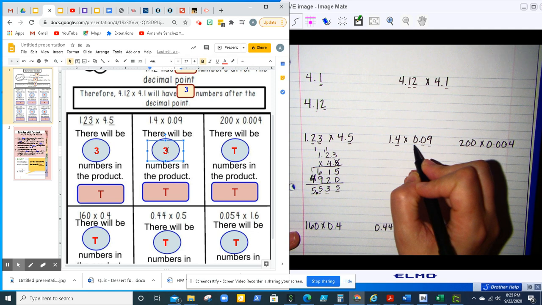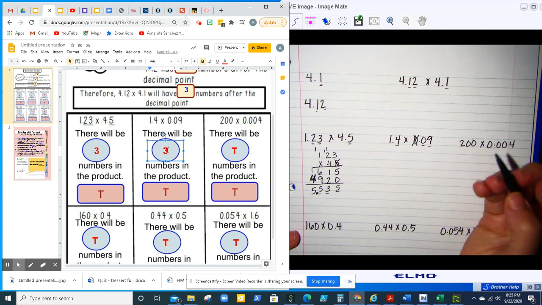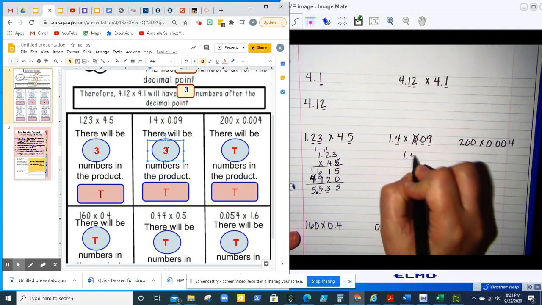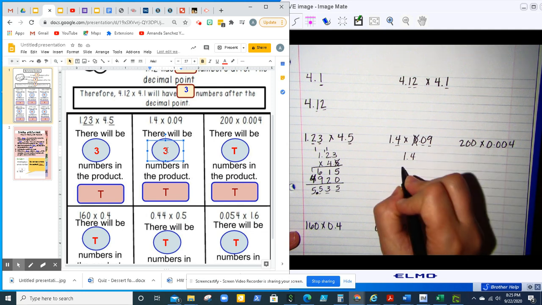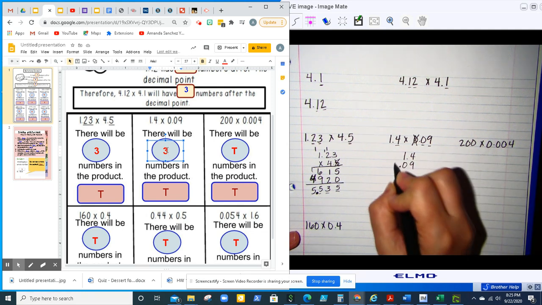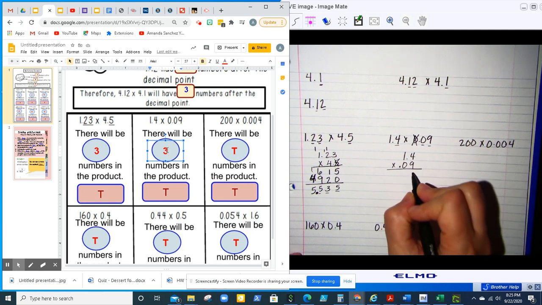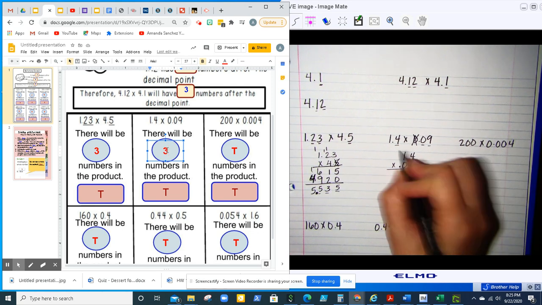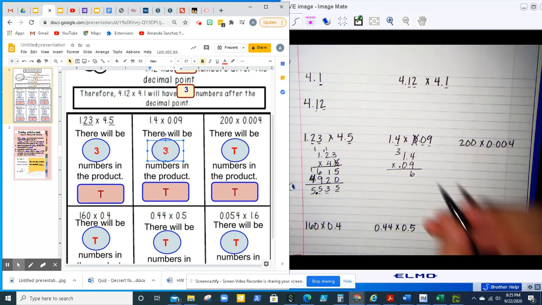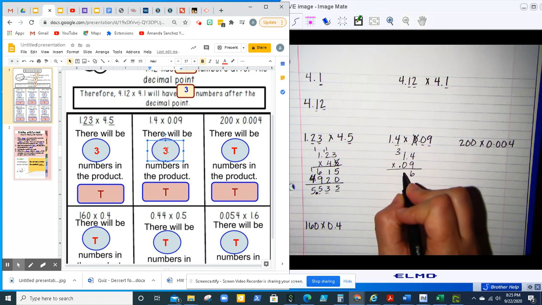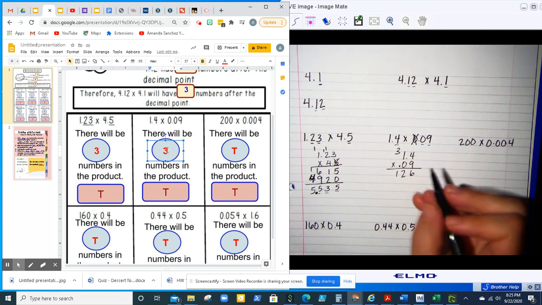Now, I know that this 0 doesn't have a value, so I'm going to cross it out. I'm going to put my 1.4 on top, and then I'm going to have 0.09 on bottom, and then multiply it out. 4 times 9 is 36. 9 times 1, 9 plus 3 is 12.